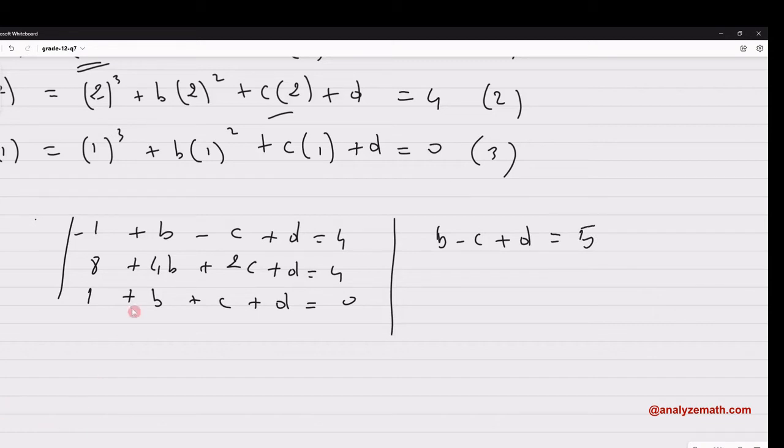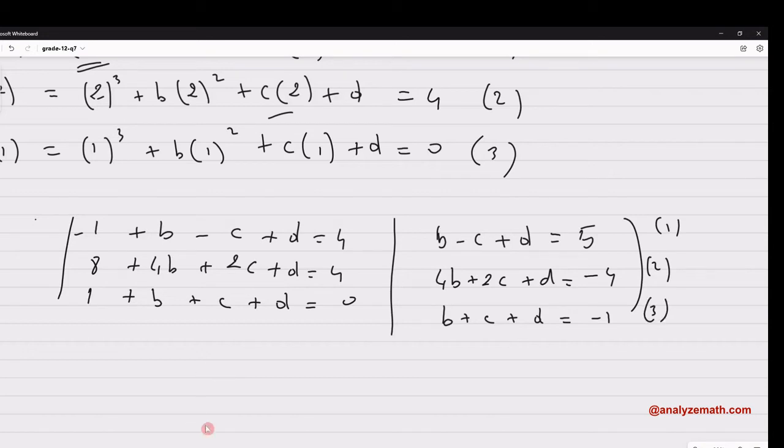And then the second one, 4b plus 2c plus d will give me 4 minus 8, that gives me minus 4 here. And then the last equation, b plus c plus d equal negative 1. Now let's call them again 1, 2, and 3. Doesn't matter for the numbers.